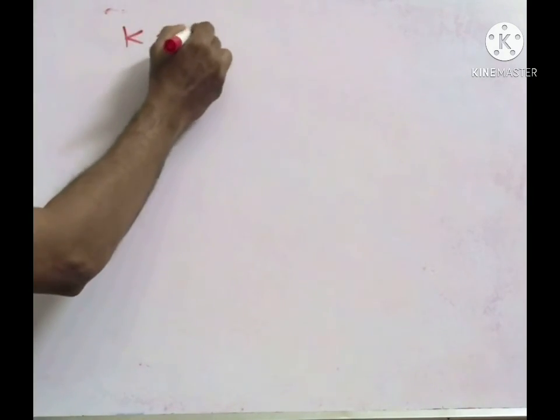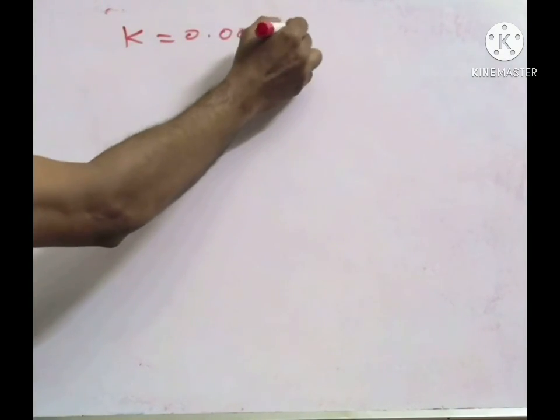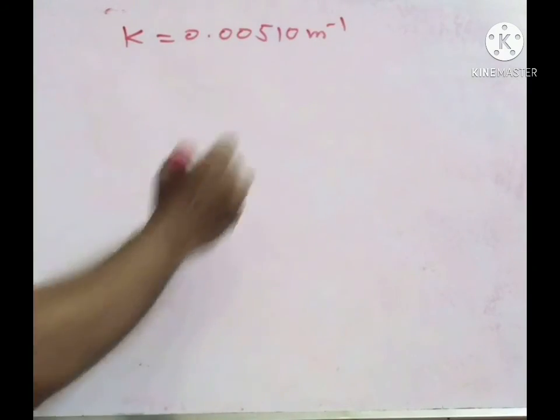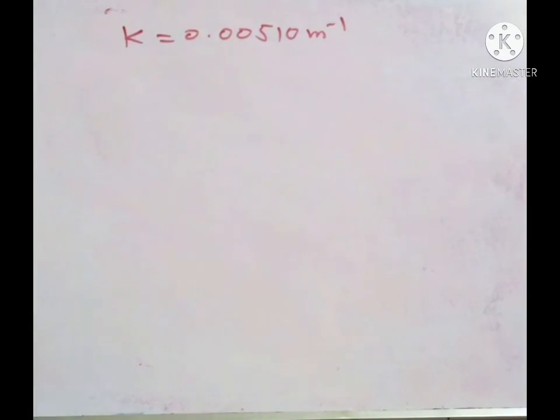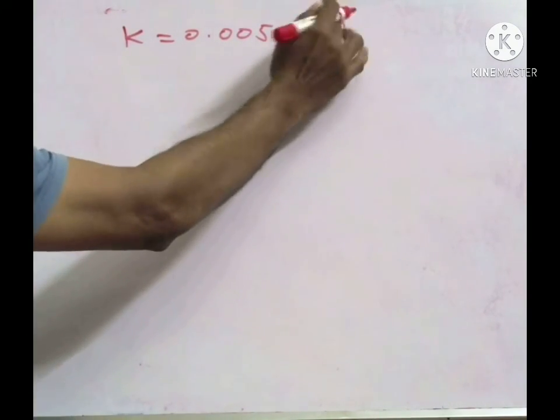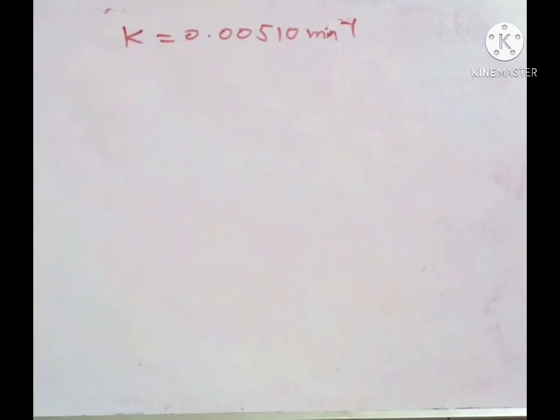So like this, another one: a first order reaction has a rate constant value of K equal to 0.00510 minute inverse. Better to write it as min inverse.